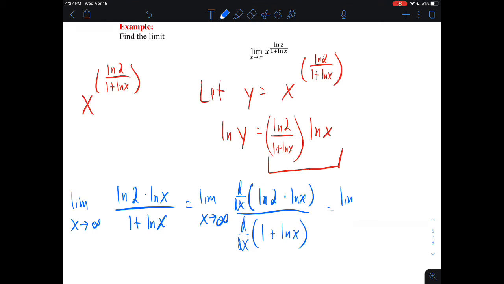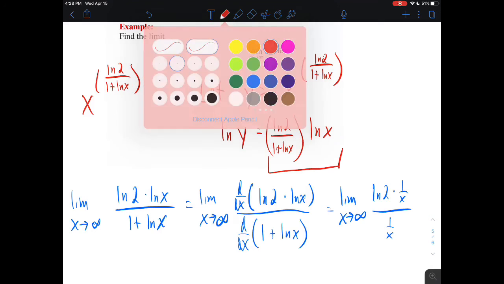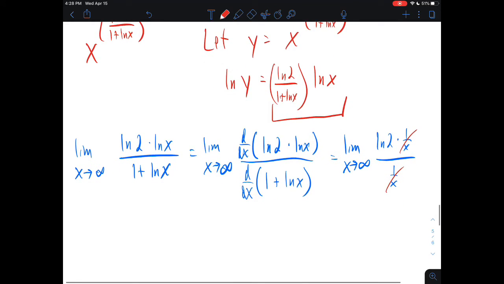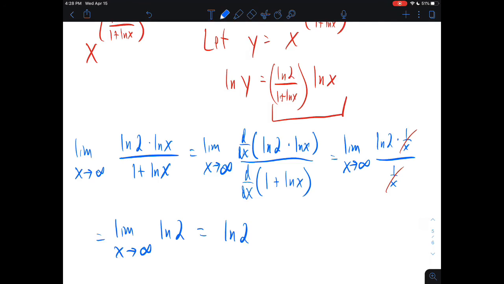So this turns into the limit as x approaches infinity of the natural log of 2 times 1 over x, divided by the derivative of 1 plus ln x, which is just 1 over x. I've got a common factor in the numerator and denominator, the fraction 1 over x. So this just becomes the limit as x approaches infinity of the natural log of 2, which, again, is just a constant. So this is the natural log of 2.